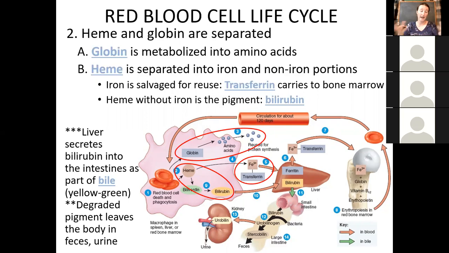So if you eat a hamburger, all of that fat in that meat can only be absorbed into your body if we have bile. Bile contains bilirubin, and that's what gives bile its yellowish green pigment. Some of the bile actually goes out in the feces because of this process.